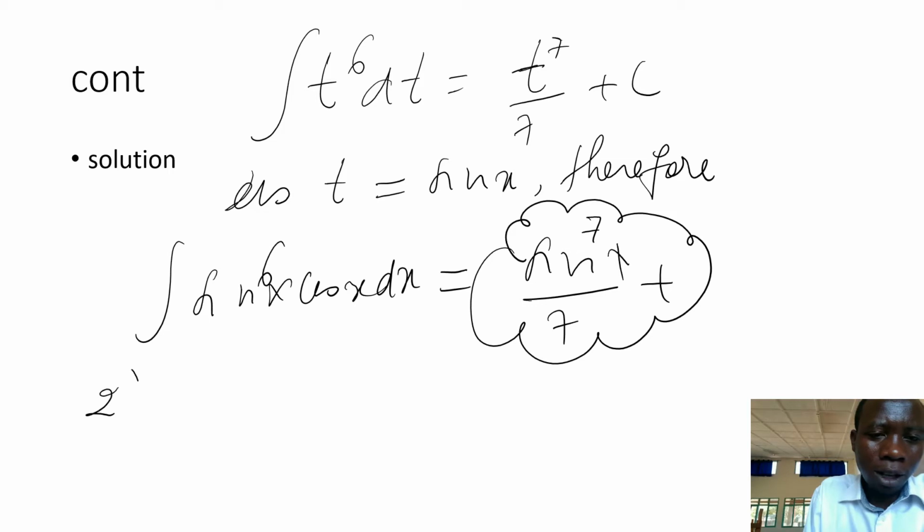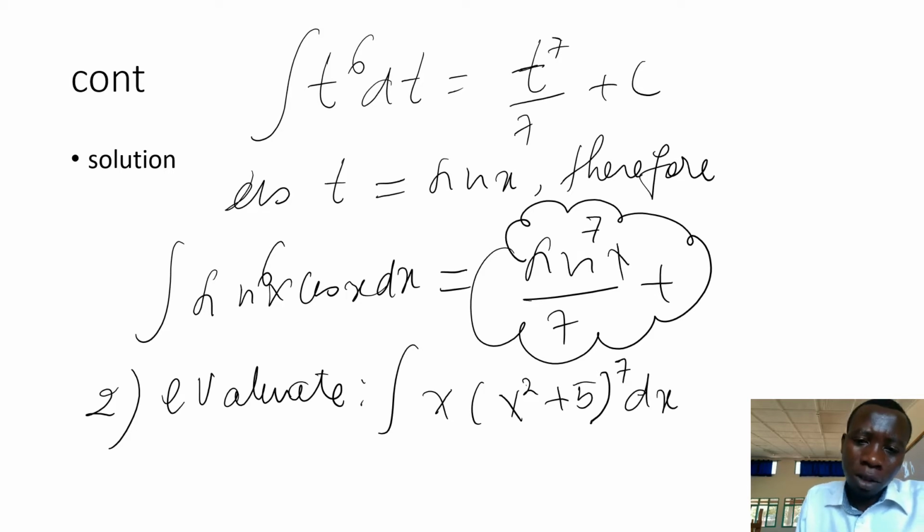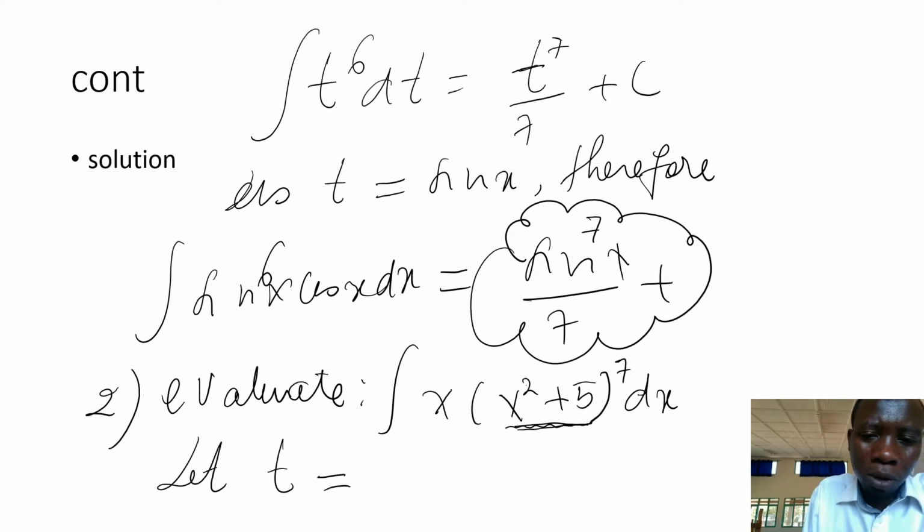Let's do another example. Evaluate the integral of x times (x squared plus 5) power 7 dx. When you are given such an integral, what you do basically is take the expression in the bracket and call it a new variable. Let t be equal to x squared plus 5, and you differentiate both sides.